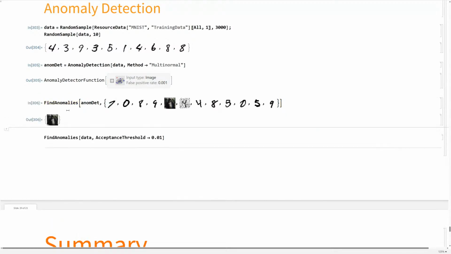So this time I find the animal here, but I didn't pick this one out because in some sense this one still looks like a written number. That's where the acceptance threshold comes in.